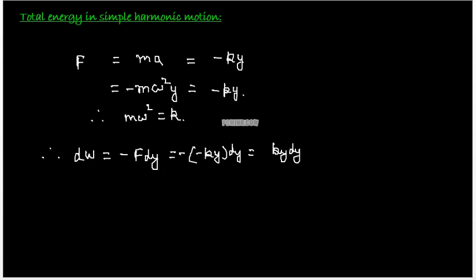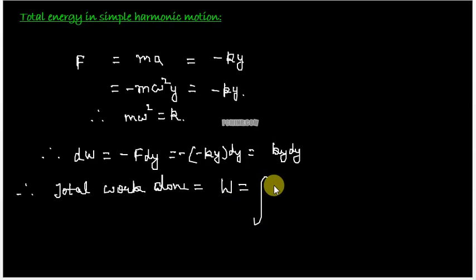The total work done for the complete displacement from the mean position to the extreme position would be w equal to the integral of ky dy from position 0 to the maximum displacement y. So, we get this as half ky square.